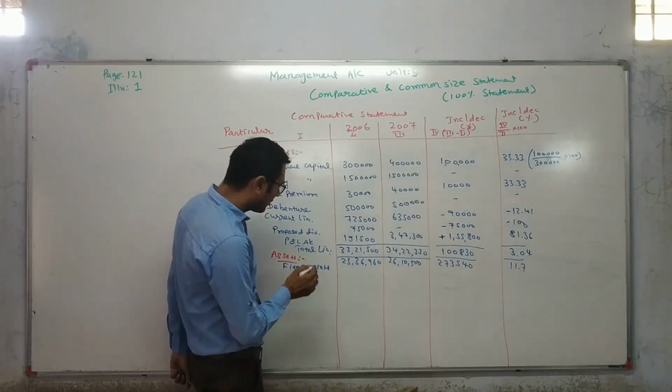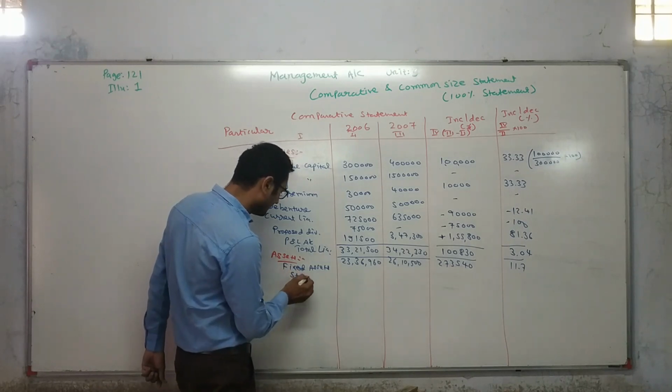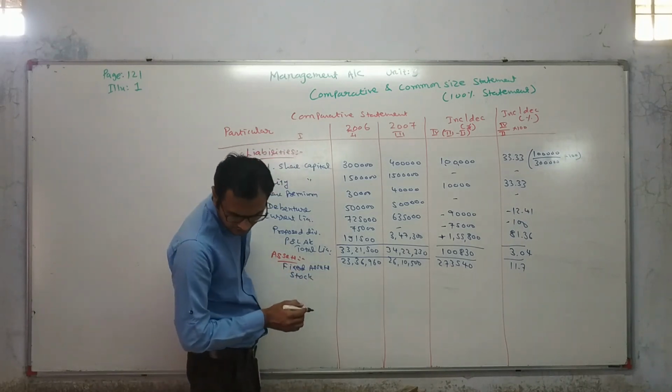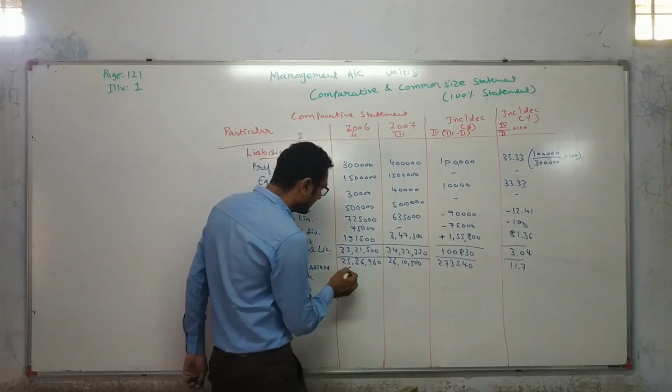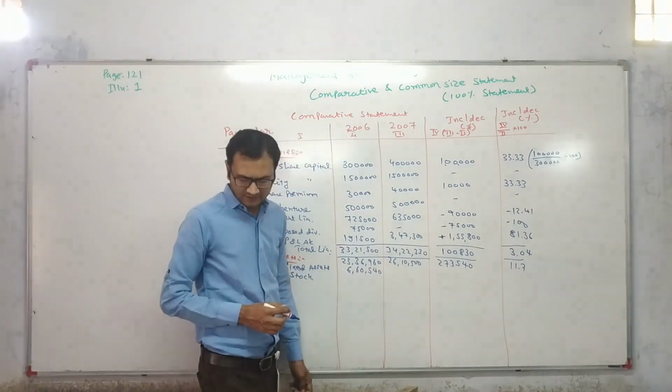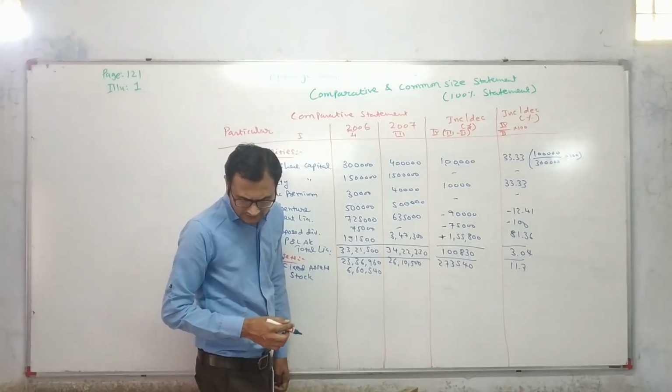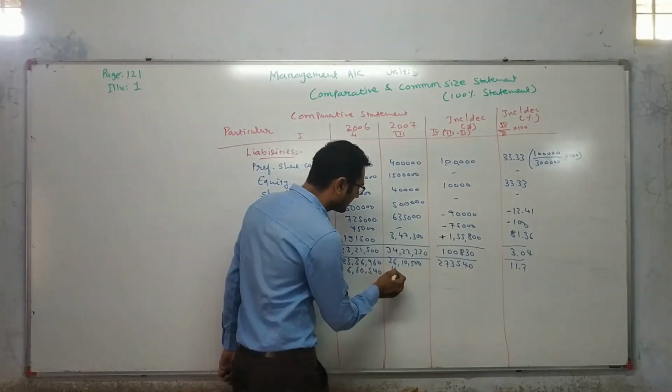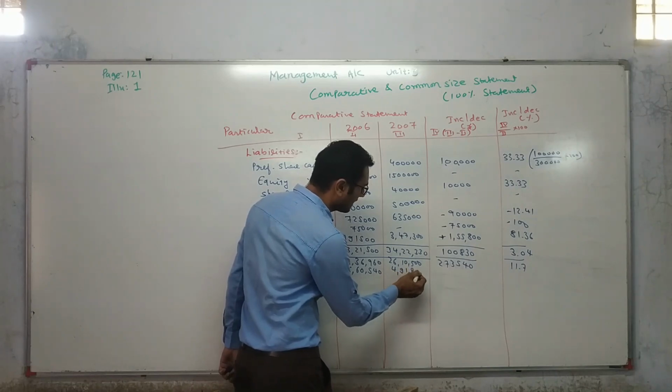Second is stock. Now stock 6,60,540 rupees is given. And 4,91,800.